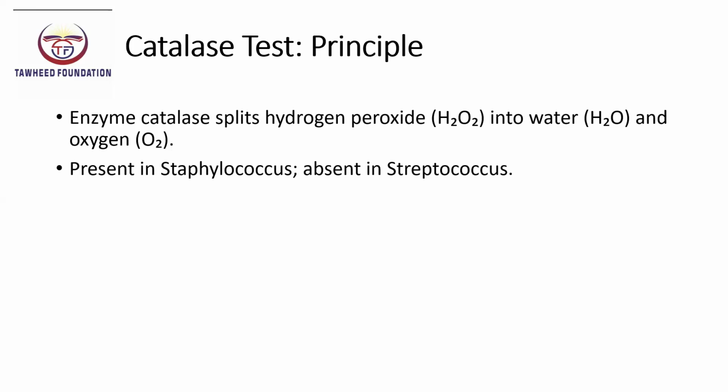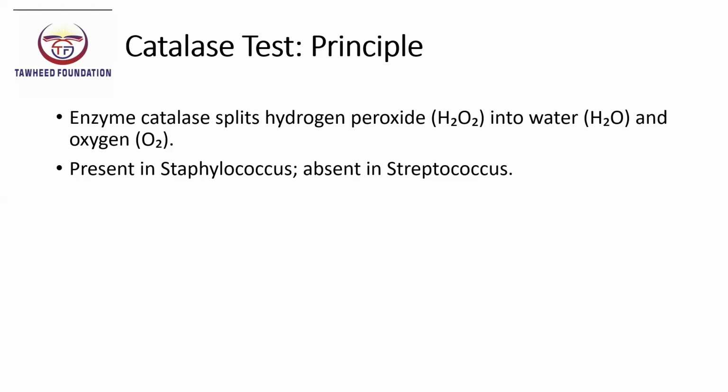It is used in the clinical laboratory as an early step for bacterial identification, and it is helpful in identifying organisms in the genus Mycobacterium and differentiating Bacillus, which is catalase positive, from Clostridium, which is catalase negative.